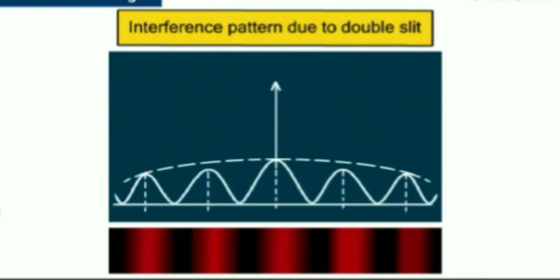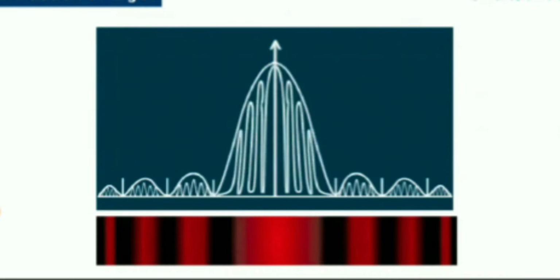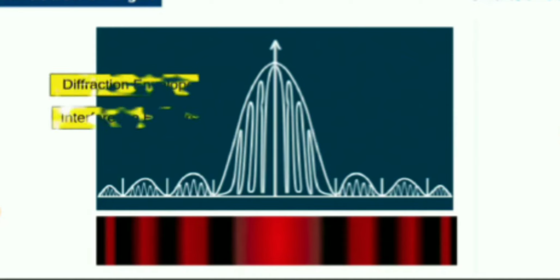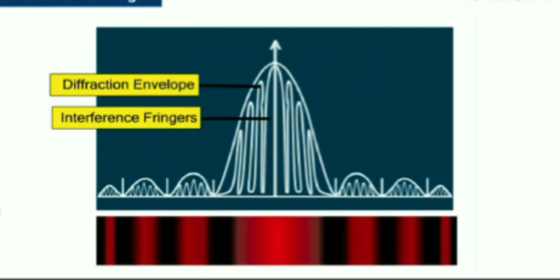This happens because of the diffraction of light from each of the single slits. In fact, the pattern is a superposition of a double slit interference pattern and a single slit diffraction from each slit. The combined effects of diffraction and interference are as shown.